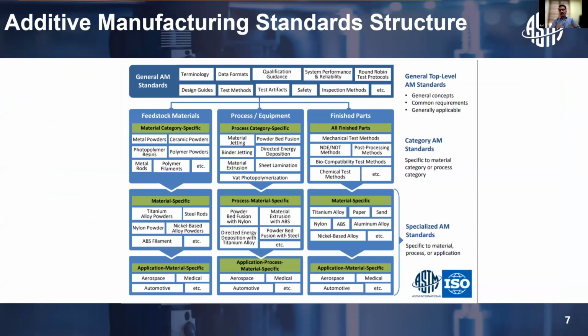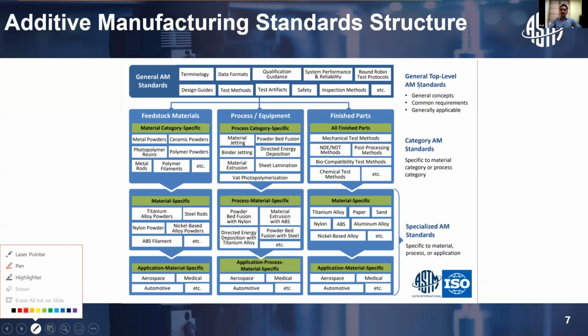So what you're seeing right now is the additive manufacturing standards structure, or we call it the roadmap for developing additive manufacturing standards in the future. So based on this roadmap developed by ASTM and ISO, we categorize the standards into 3 different levels. The first one is called general standards.